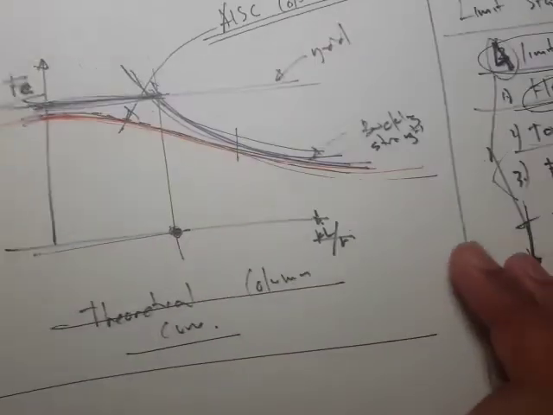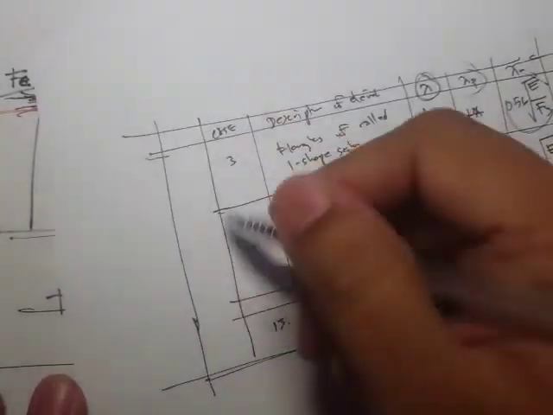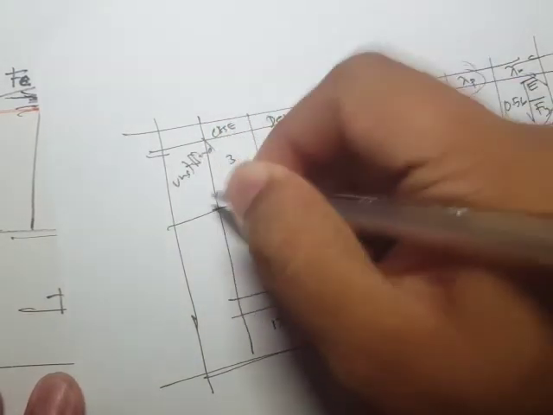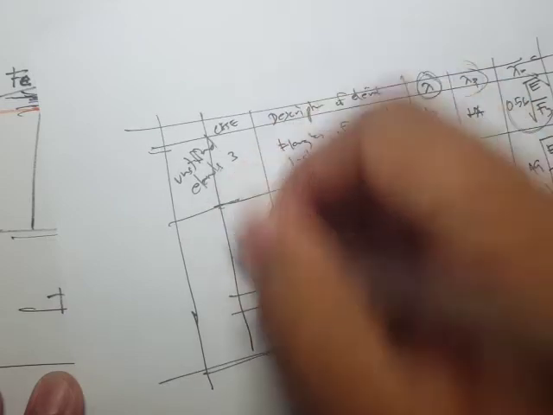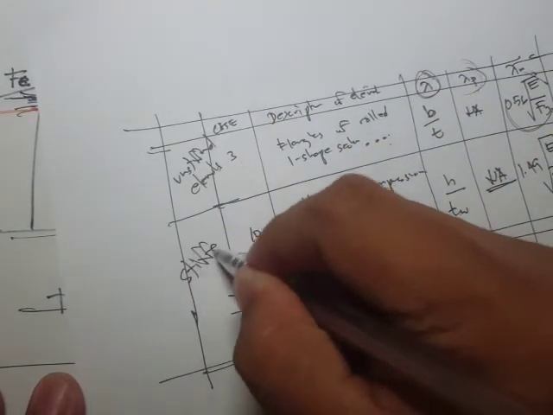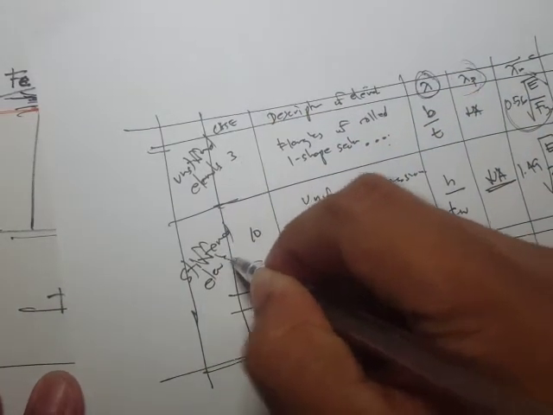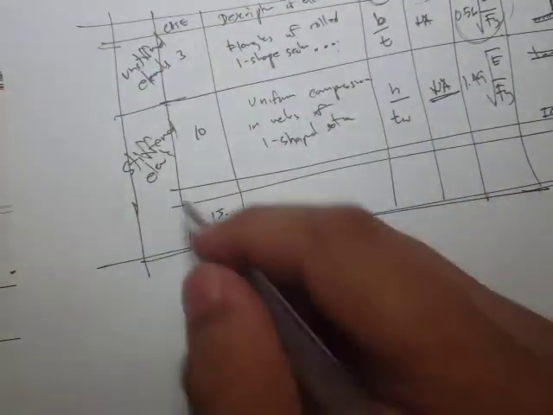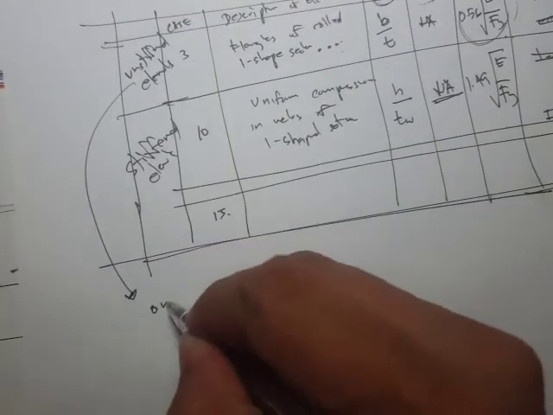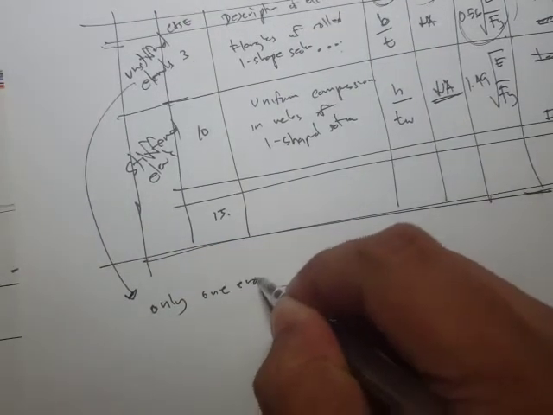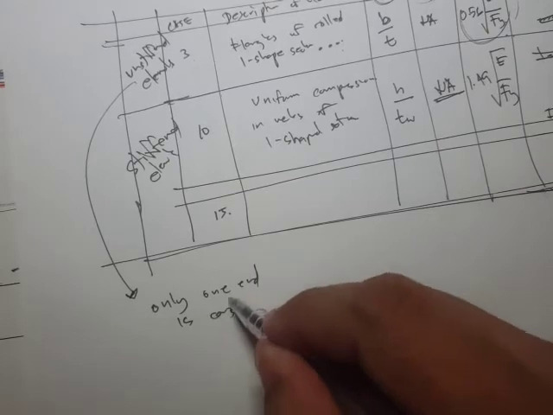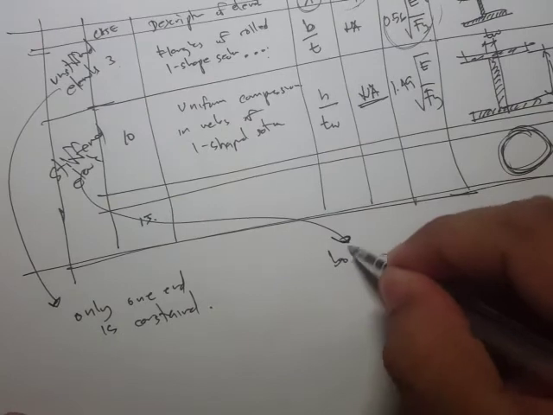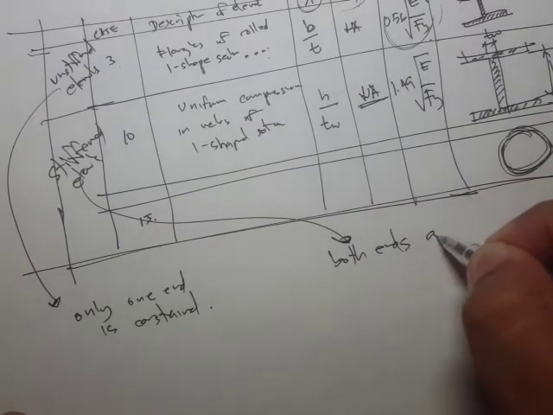Okay, there's also a term right here. You would notice that there are unstiffened elements, and here we have stiffened elements. What it means is that for unstiffened elements, only one end is constrained, and for stiffened elements, both ends are constrained.